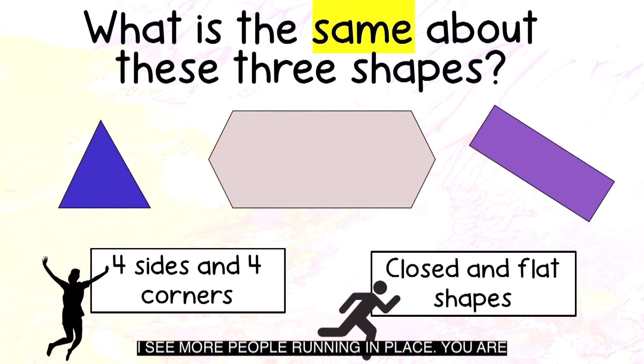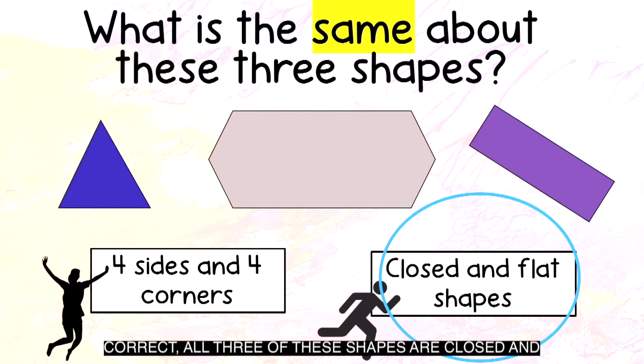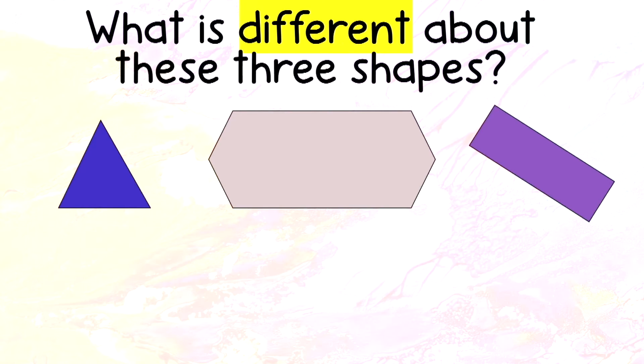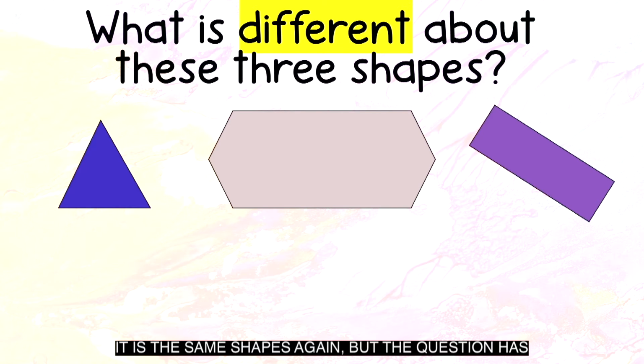I see more people running in place. You are correct. All 3 of these shapes are closed and flat. It is the same shapes again, but the question has changed. This time, you will share what is different about these 3 shapes. I will give you think time, and then I want you to yell out things that are different about these 3 shapes.